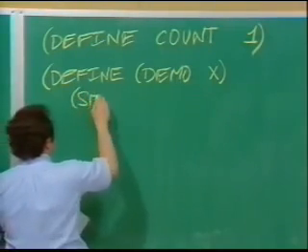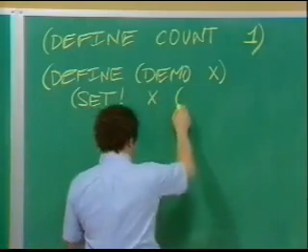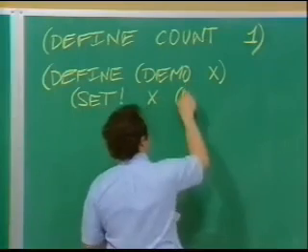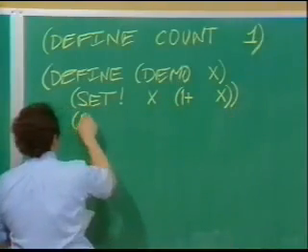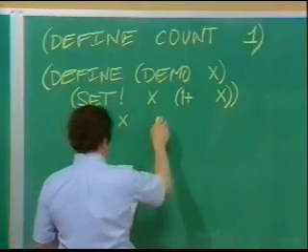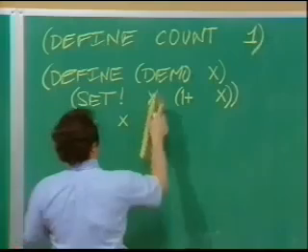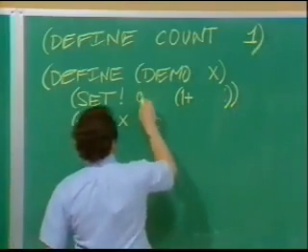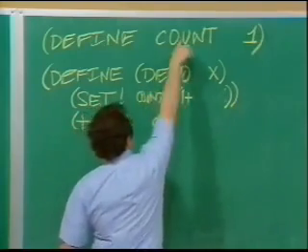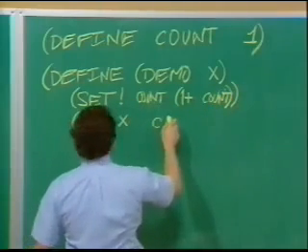It first sets x to x plus 1. My gosh, this looks just like Fortran, right? In a funny syntax. And then add to x count. Oh, I just made a mistake. I want to say set count to 1 plus count, which is this thing defined here. And set plus x count.